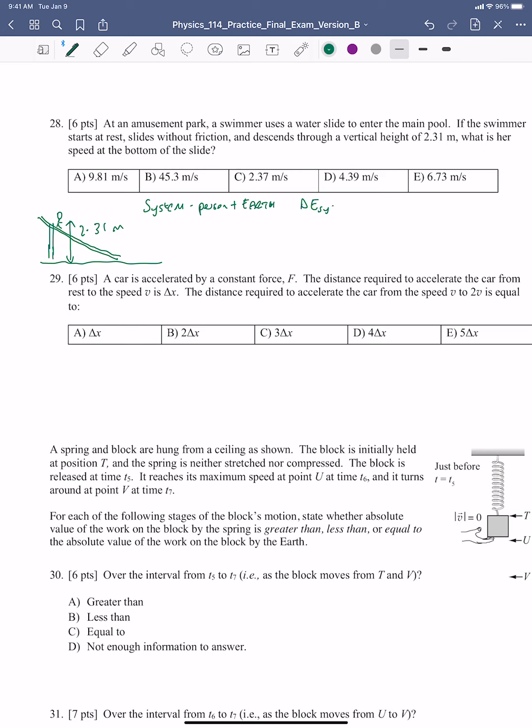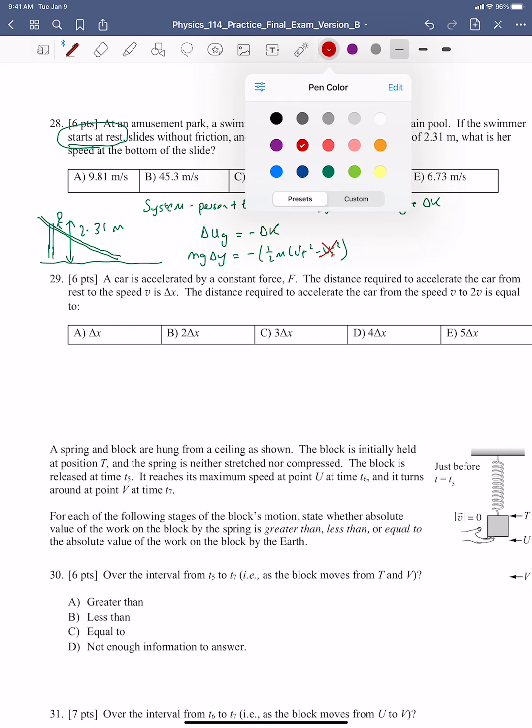So delta E of this system is 0, and it's equal to delta U gravity plus delta K of the person, assuming the Earth doesn't move, which is a good assumption. So the delta U gravity will equal negative delta K, and we have this as mg delta y equals negative 1/2 m (vf squared minus vi squared), but we're told the swimmer starts from rest, so we don't really have to worry about that vi.